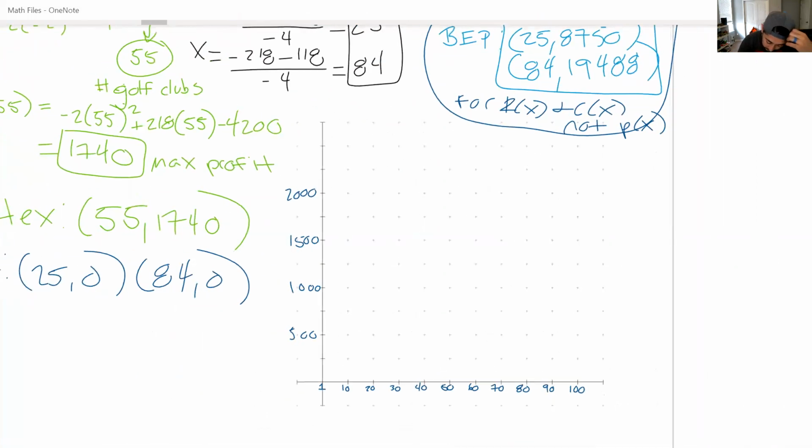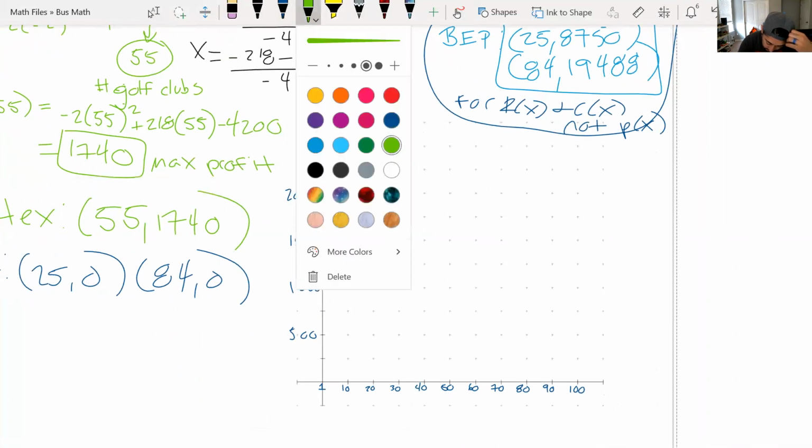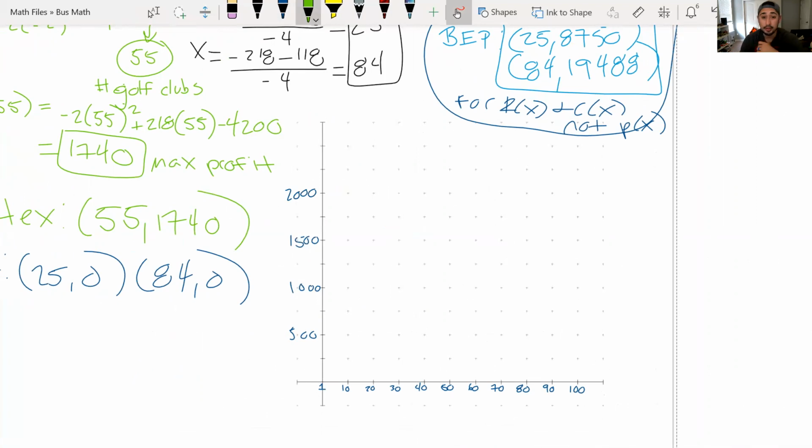My bad, guys. Okay, so now we graph, and I get 25 and 0, which is right here, 84 and 0, somewhere around there, 55 and 1740, I'm gonna say is probably right here.